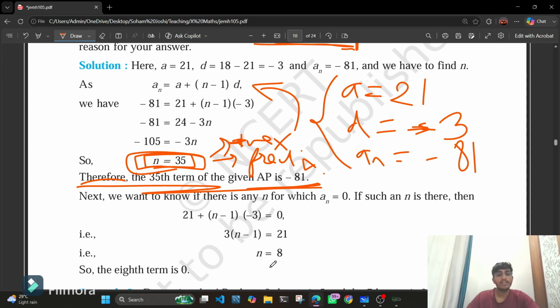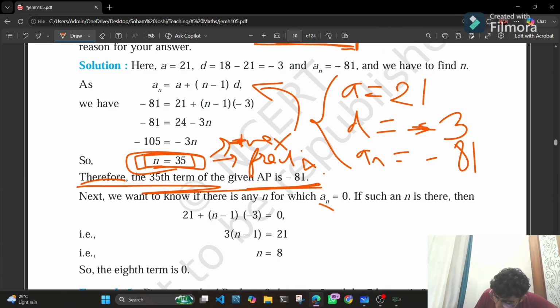If in any question we get n as a negative value, or as a fractional value, then we can say that this term does not exist in that AP. Now we want to know whether any term is zero in that AP.